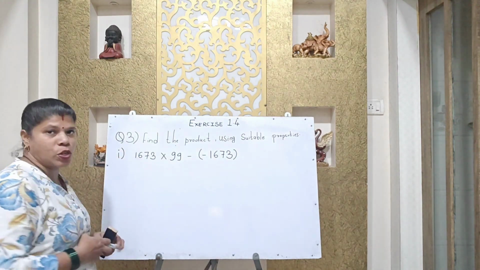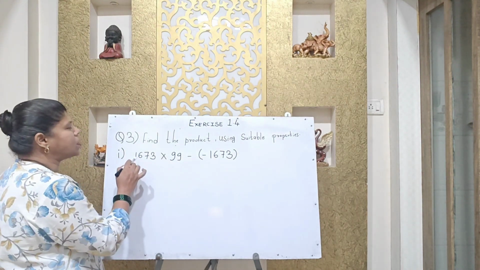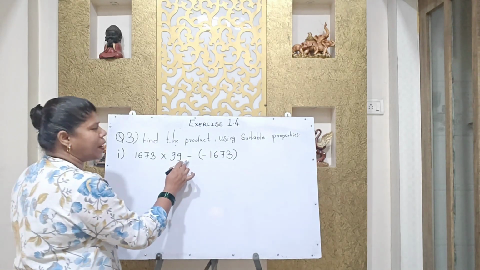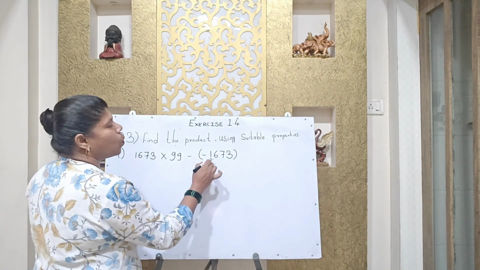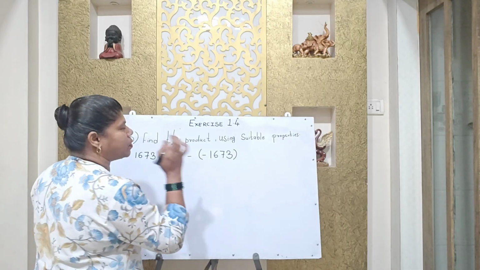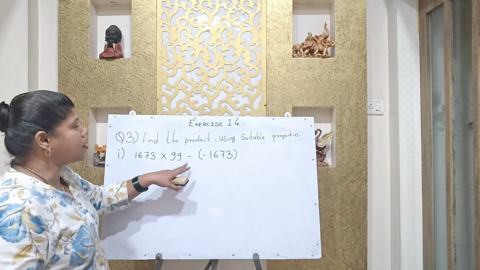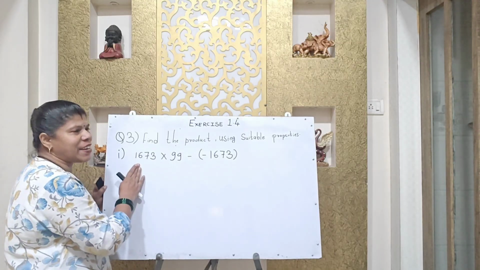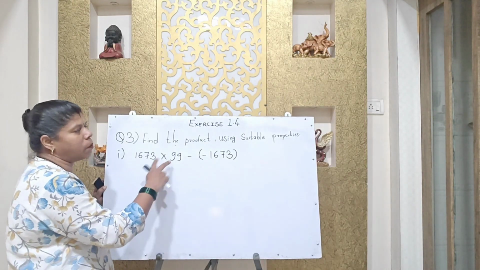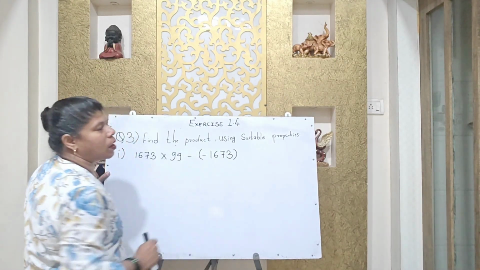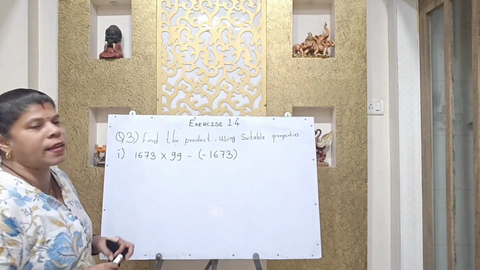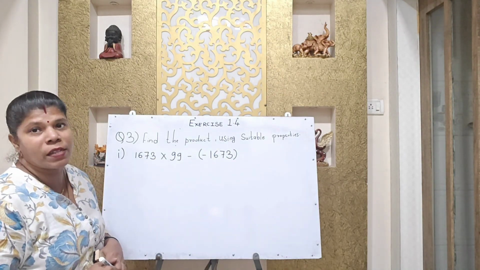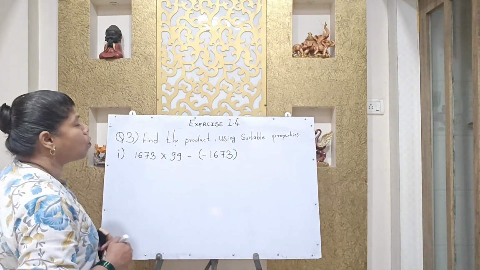Question number 3I. First we will read the question properly. 1673 multiplied by 99 minus 1673. This is a minus function, and on the left hand side of minus there is 2 numbers. On the right hand side of the minus there is only 1 number. We want to use the property while solving the sum. So what do we do?